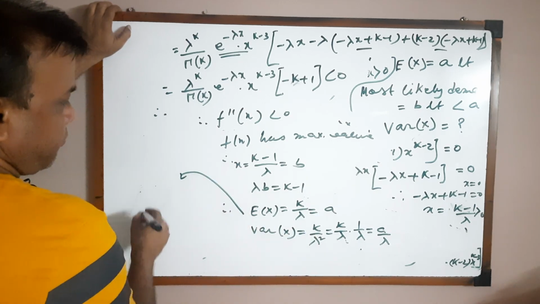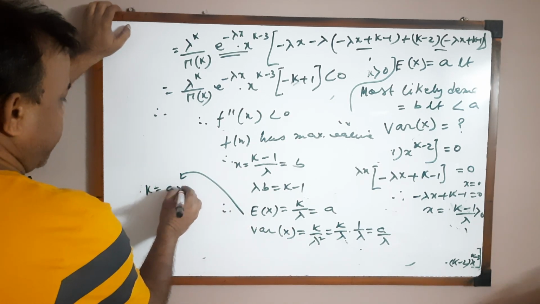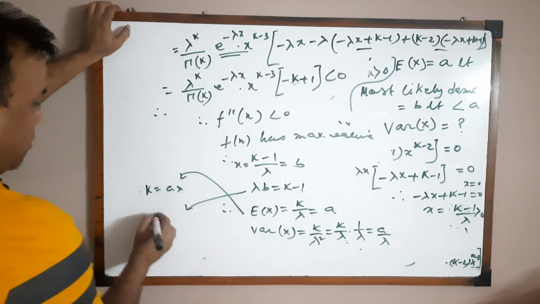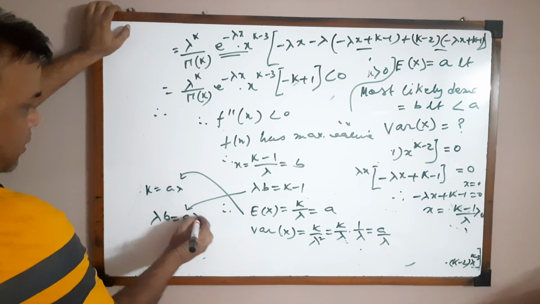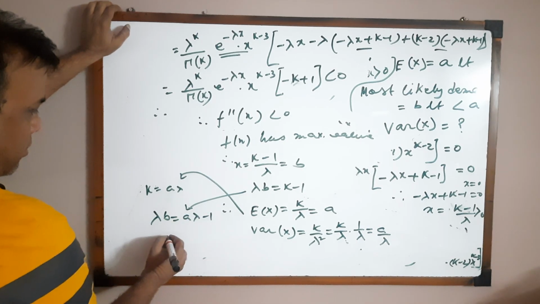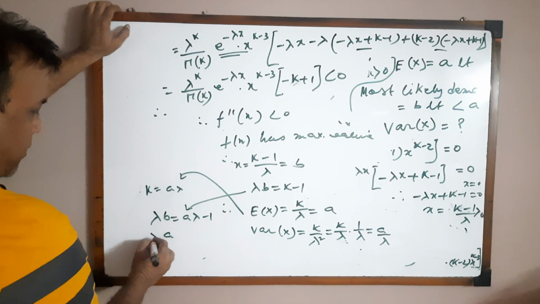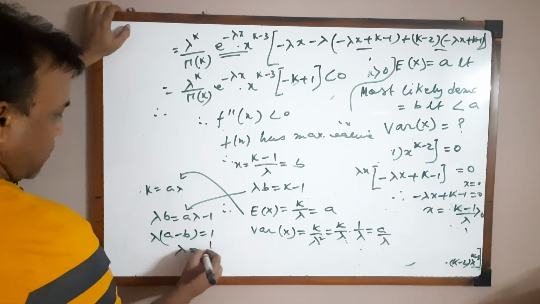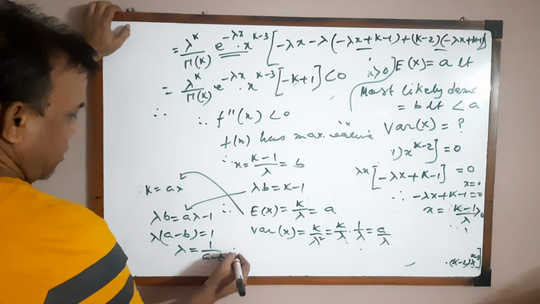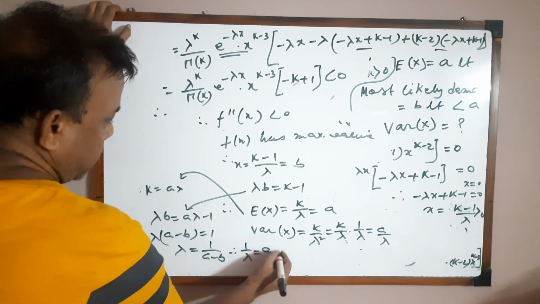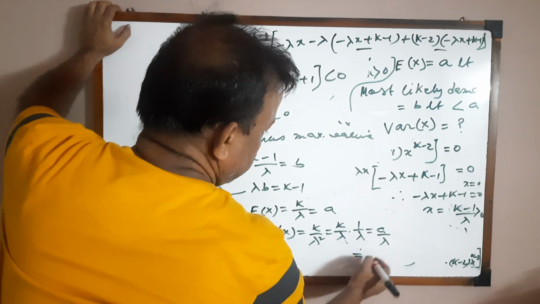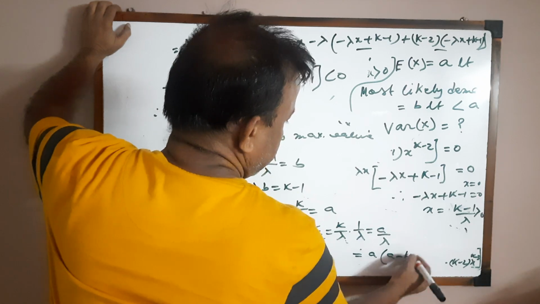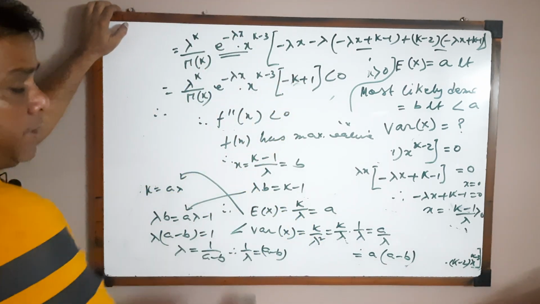From this, k equals a lambda. Putting this value into lambda b equals k minus 1, lambda b equals a lambda minus 1. Therefore a lambda minus b lambda equals 1, so lambda a minus b equals 1. Lambda equals 1 by a minus b. Therefore 1 by lambda is equal to a minus b. Putting this value into the variance, a into a minus b is the required variance.